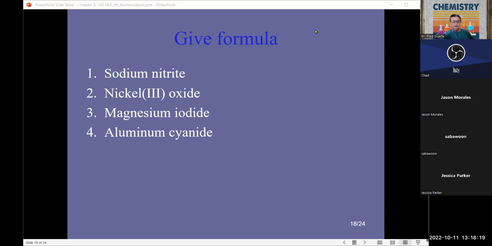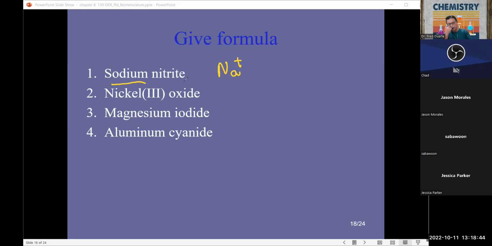All right, the next one here, they're asking you to give the formula. So when we're given the name and we want the formula, we need to first write everything in ionic form. So we got sodium. Sodium is a group 1 metal. It would have a +1 charge, oxidation number.